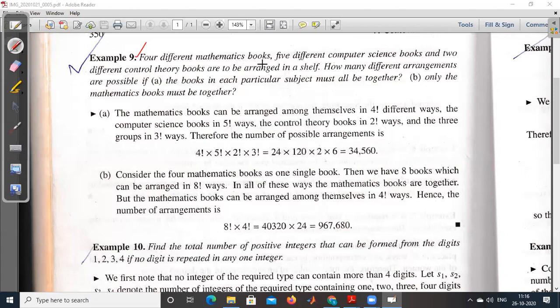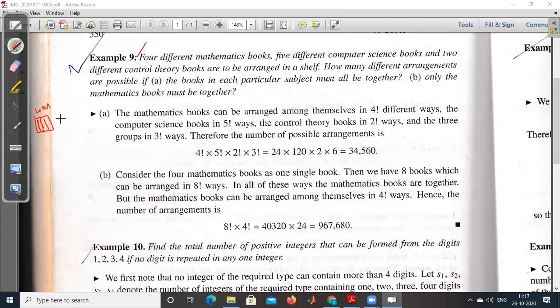How many math books are there? 4 different math books. So 1, 2, total 4 books are there. So these are 4 math books.